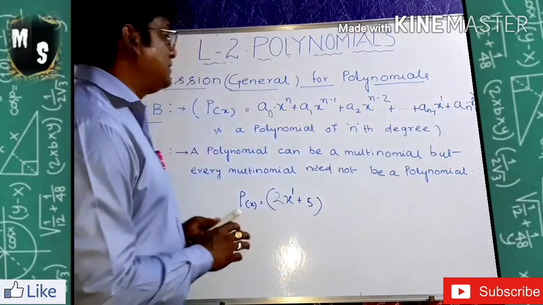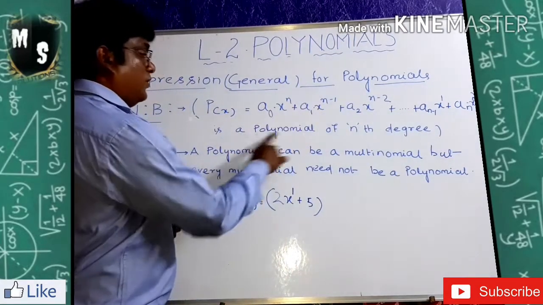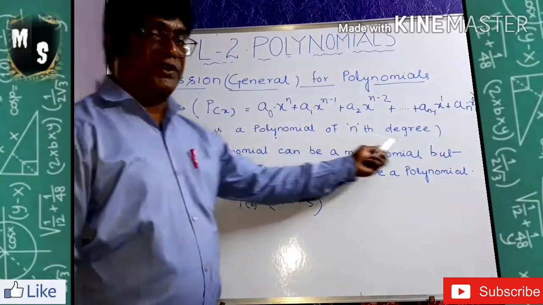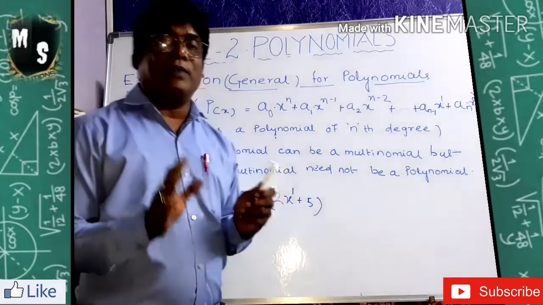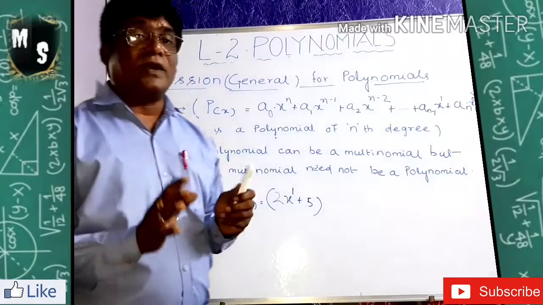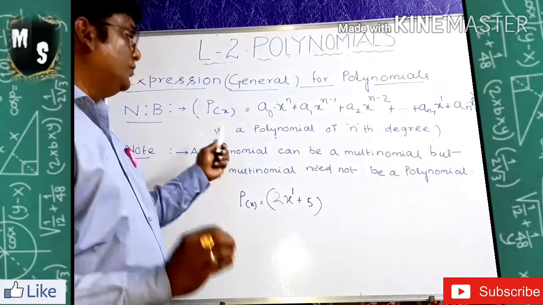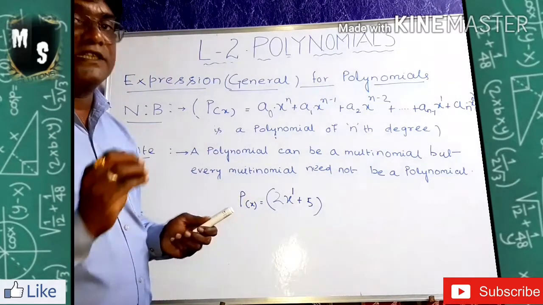So this is called the general format of a polynomial of nth degree. It is not in your book, but it is in the 10th book and also available in IIT books. That much I am telling you, to go for a better explanation.